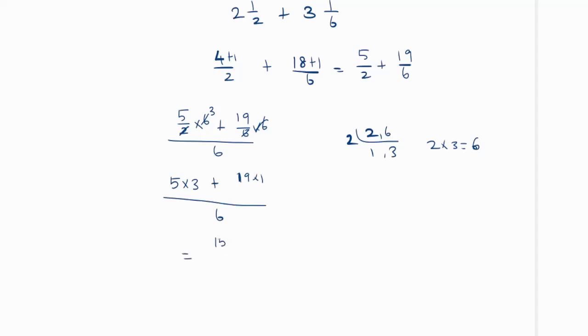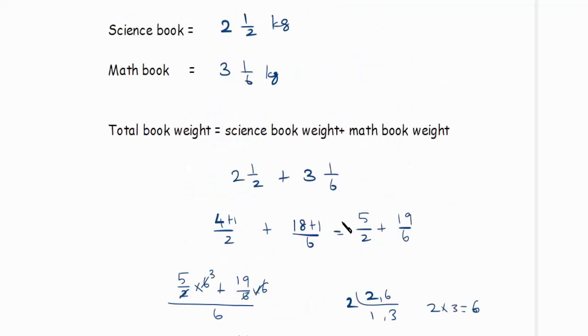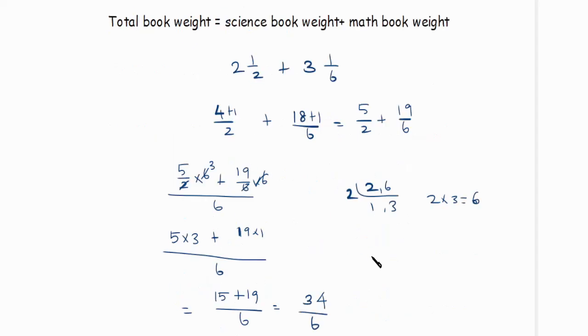So 15 plus 19 by 6, which is 34 by 6. So the total weight of these books is 34 by 6. Okay, this is the answer.